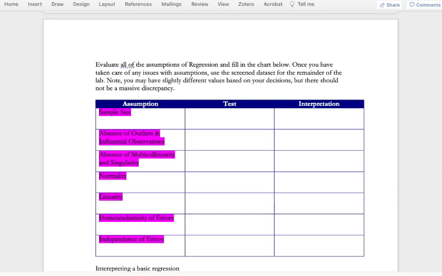I would suggest that you do the absence of outliers and influential observations first, and then evaluate the rest, because you'll likely have to take out cases, and then you'd have to redo some of the other ones since you've taken cases out.